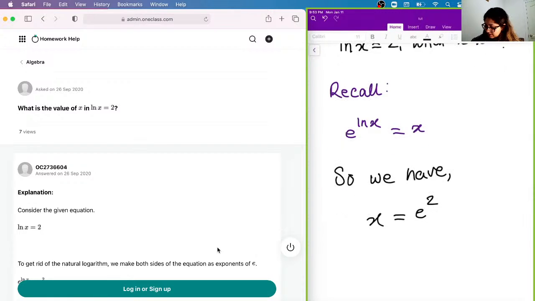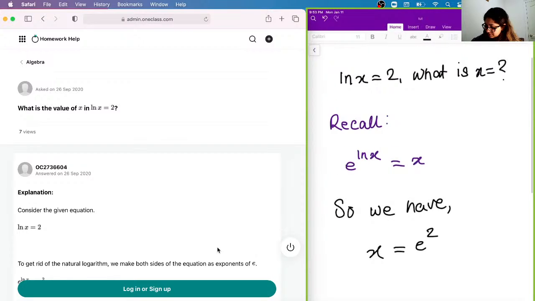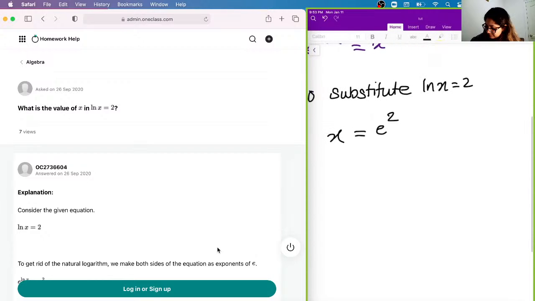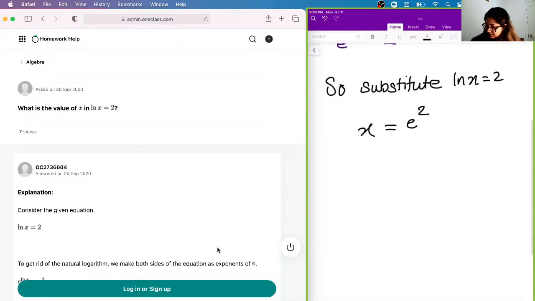So we just substitute that in. ln of x equals 2. So we have x is equal to e to the power of 2.